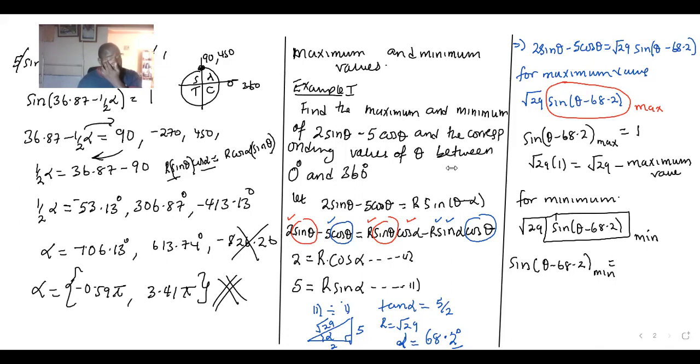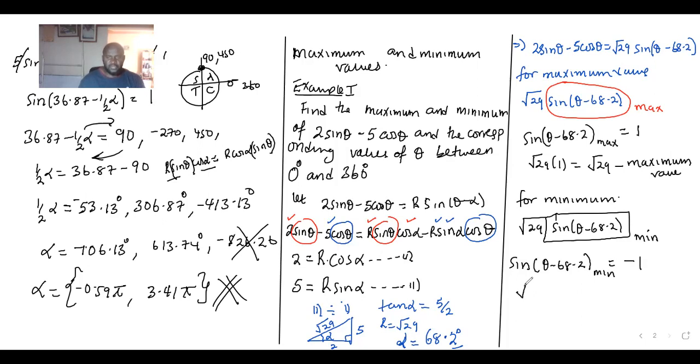Remember, I told you those graphs. Better go and look at the graph. Where the peaks are, we have the maximum and minimum. So if the maximum value of sine is 1, then the minimum value of sine is, Joshua? -1, thank you.